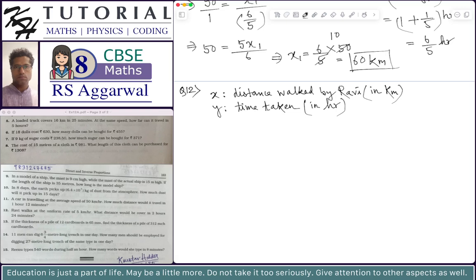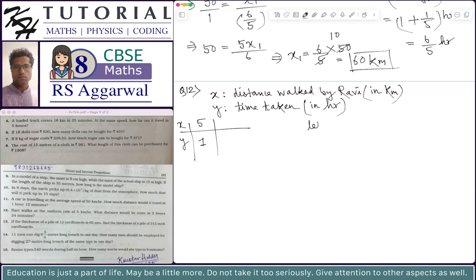Okay. So now we create the table with the corresponding values for the quantities x and y. So first data it is given is that Ravi walks at the uniform rate of 5 km per hour. It means that in 1 hour it walks 5 kilometers. So we have 5 for x and 1 for y. The next it is asking what distance would he cover in 2 hours 24 minutes.